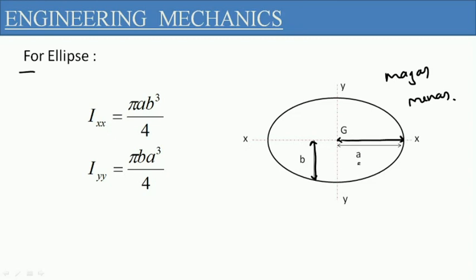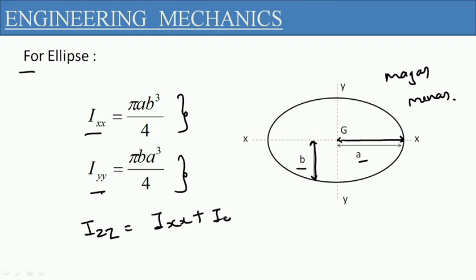With the help of these two dimensions A and B, we will define the moment of inertia about x-axis and y-axis. So Ixx will be pi a b cubed by 4 and Iyy will be pi b a cubed by 4. These are the formulas to define the moment of inertia about x-axis and y-axis for ellipse. And if we want to define Izz, it should be Ixx plus Iyy. So according to this formula, we can define the polar moment of inertia for ellipse also.